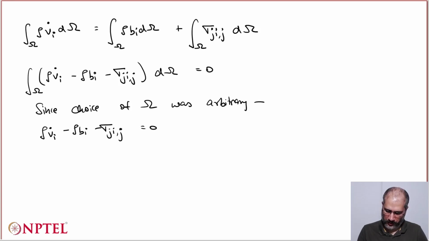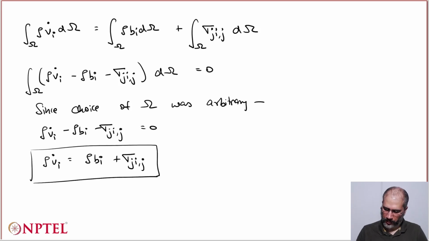Or we can write, so this we'll call A, and this is the local equation of motion expressed in the Eulerian form.